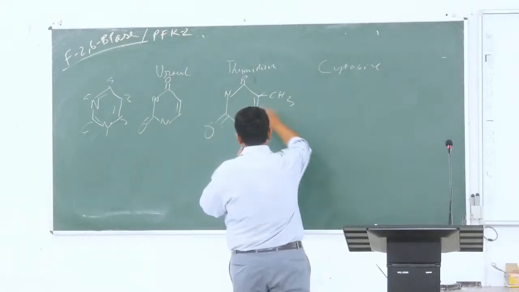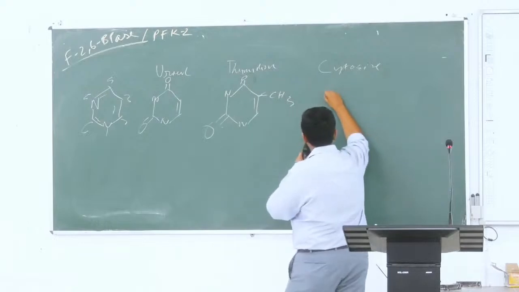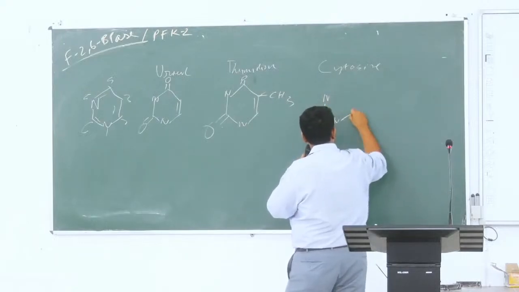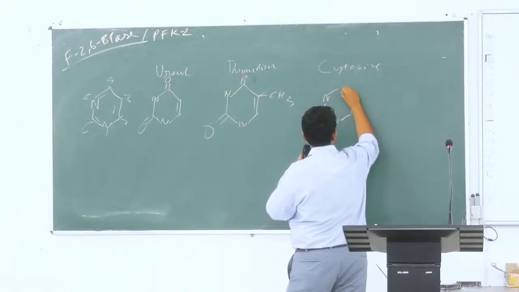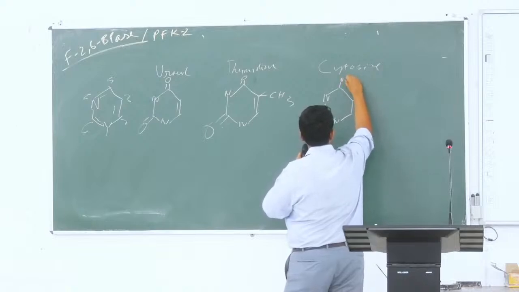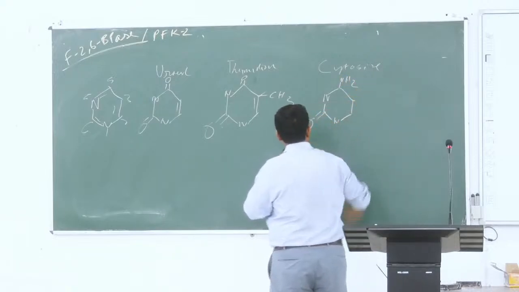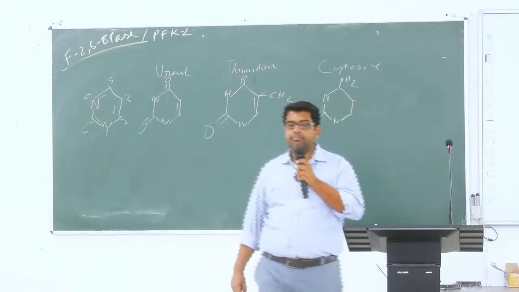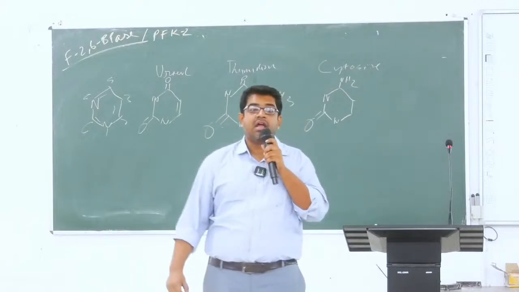Now remove this methyl group and put an NH2 on top. This becomes your cytosine.